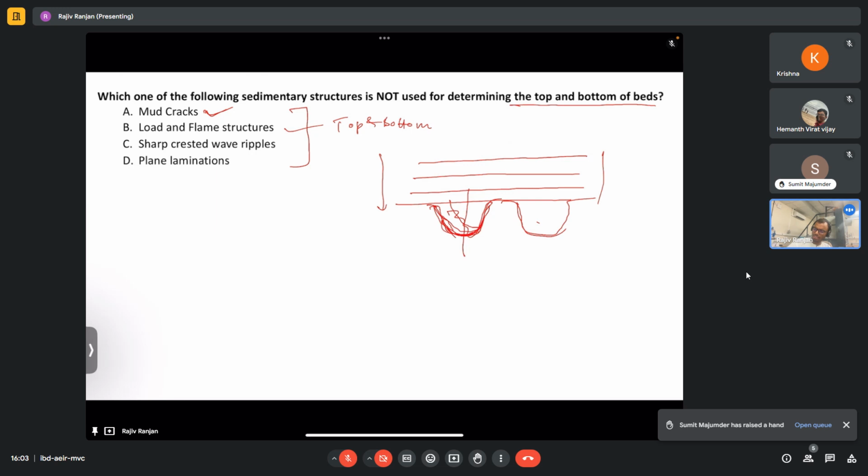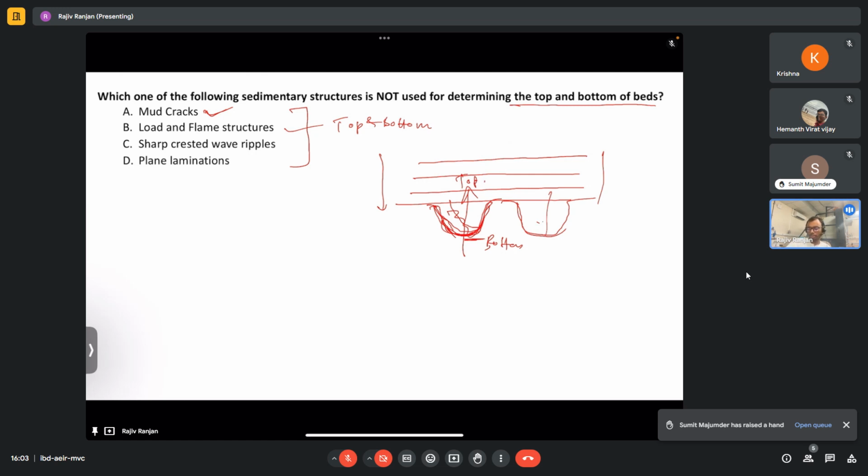So from this we can say that this is the younging direction. This is the bottom, and this is the top, right? And this happened because of density differences. If you have sand and mud, the sand will try to go down.